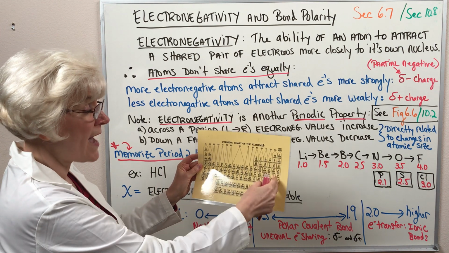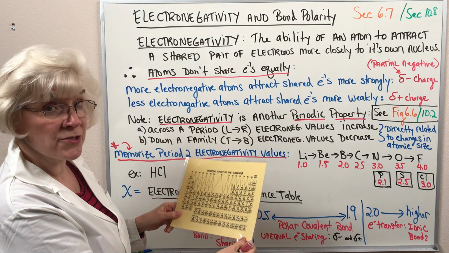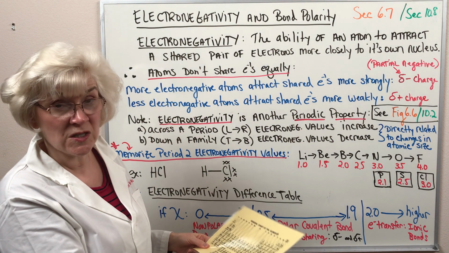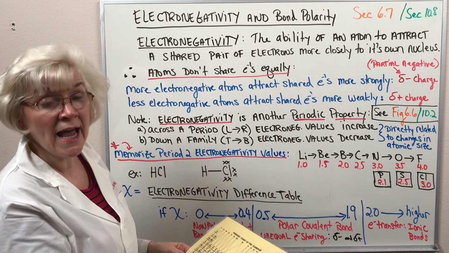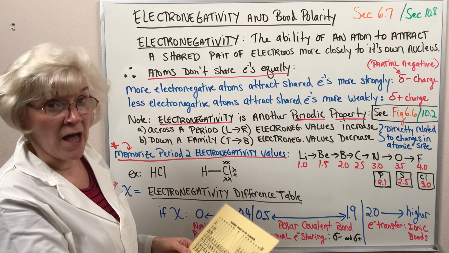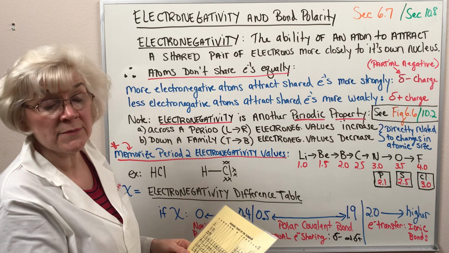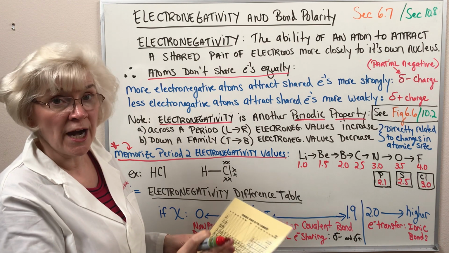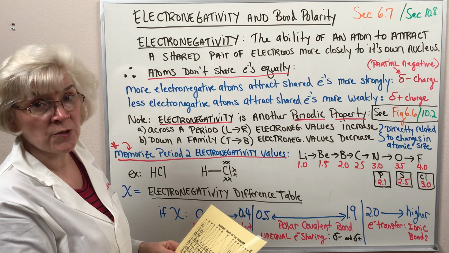Note that the noble gases are not assigned electronegativity values because they don't engage in bonding situations. They already have the stable electron configuration of an octet, or in helium's case a duet, without having to share or gain or lose electrons.